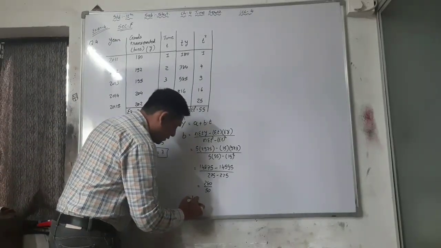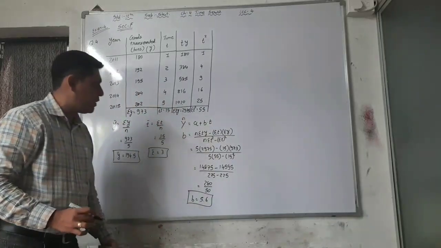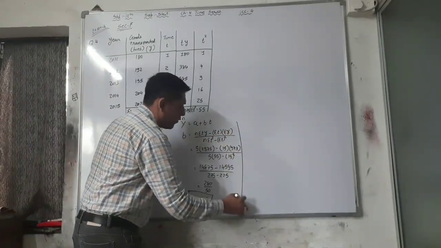So your b is equal to 5.6. See, we got the value of b first of all, then the value of a.